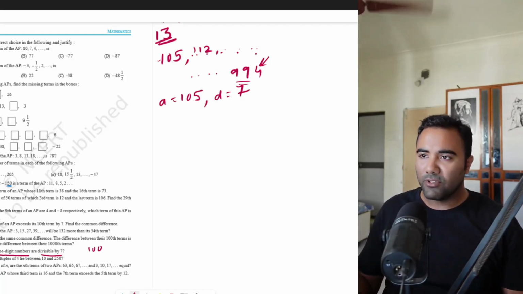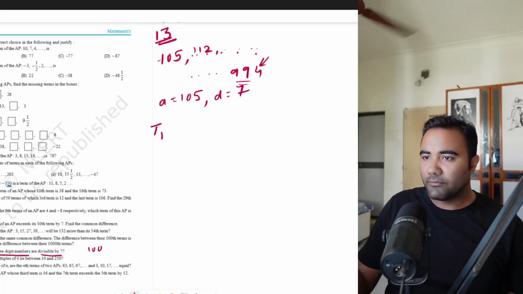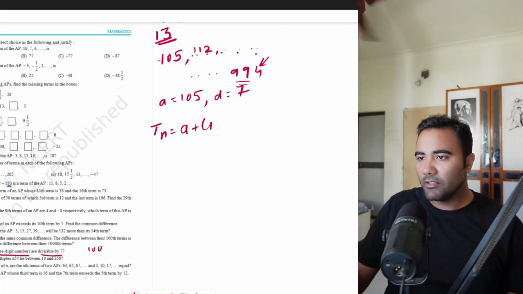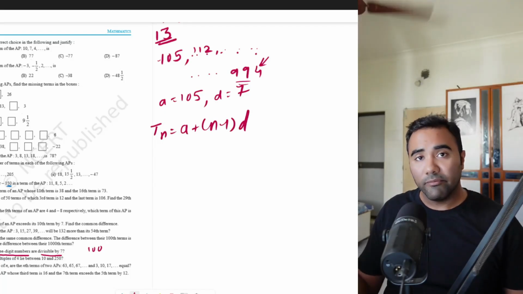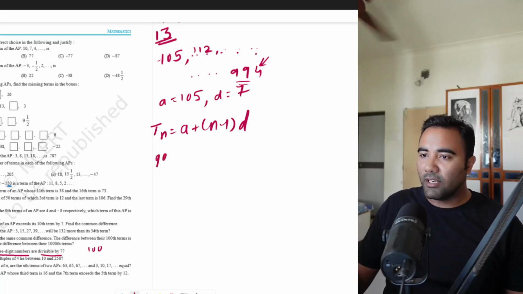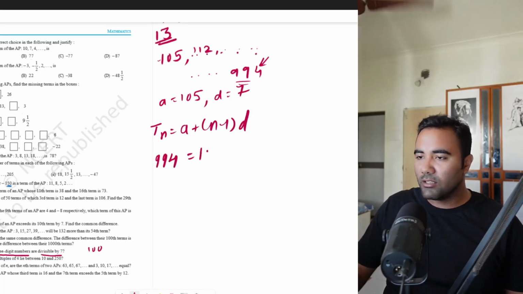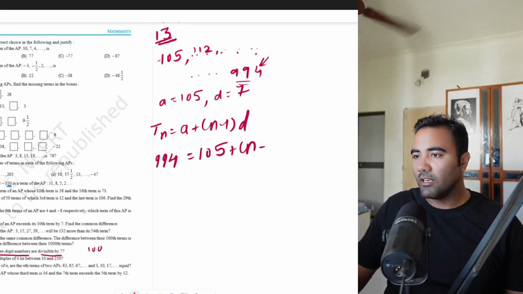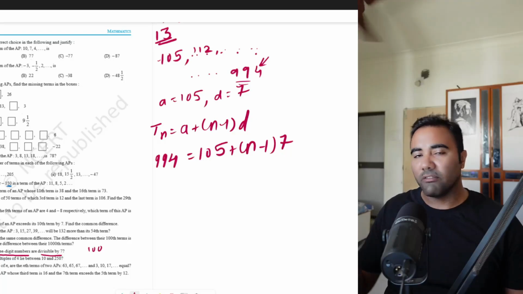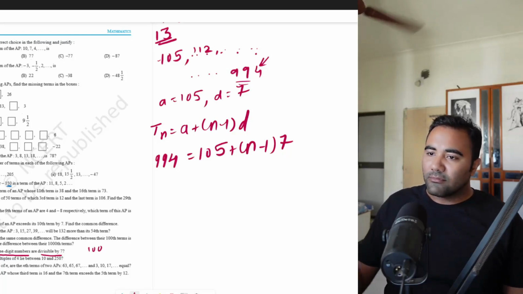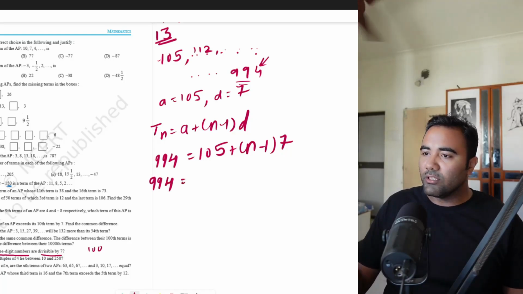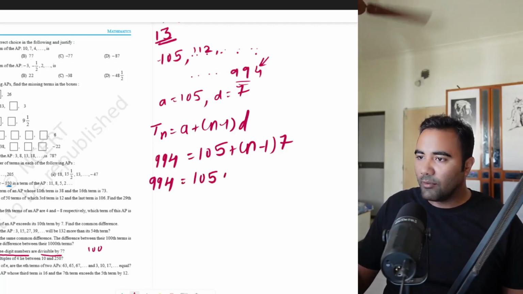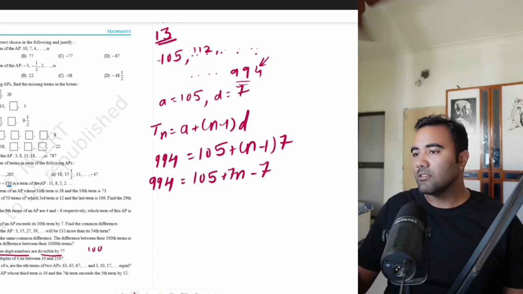So we are going to use the formula A plus n minus 1 times D. What is the last term? 994 is equal to A, which is 105, plus n minus 1 times D, which is 7. 994 is equal to 105 plus 7n minus 7.